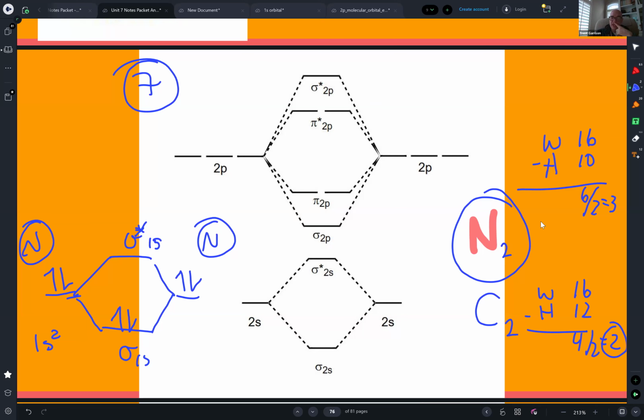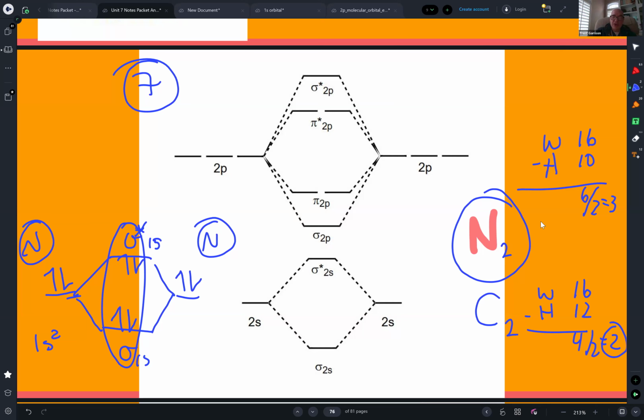You always start lowest to highest energy, and then 1, 2 up here. Notice what happens. Those 2 electrons are canceled out with the 2 on the top. The sigma and the sigma star, the bonding and the antibonding, canceled each other out. And so that's why there's no bonding on the first energy level for nitrogen.